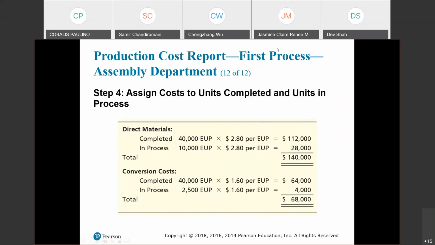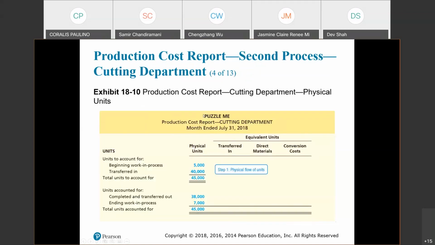For conversion cost, the unit cost is $1.60. Plus them together, we get $4.40, which is right the number listed here.